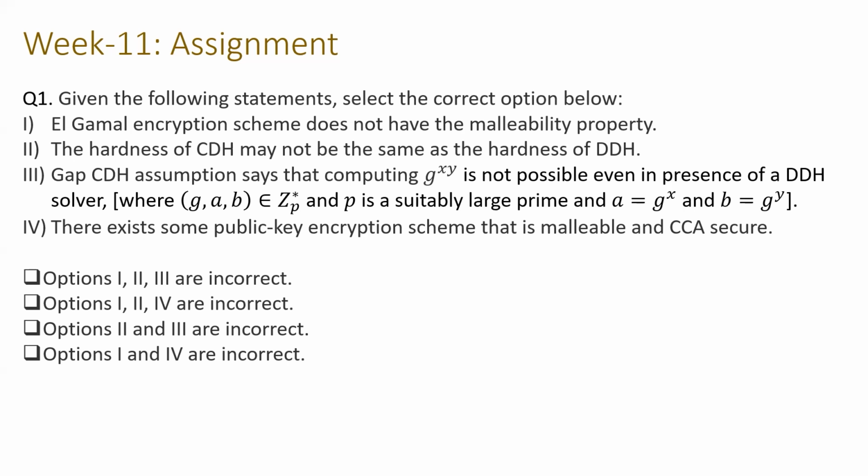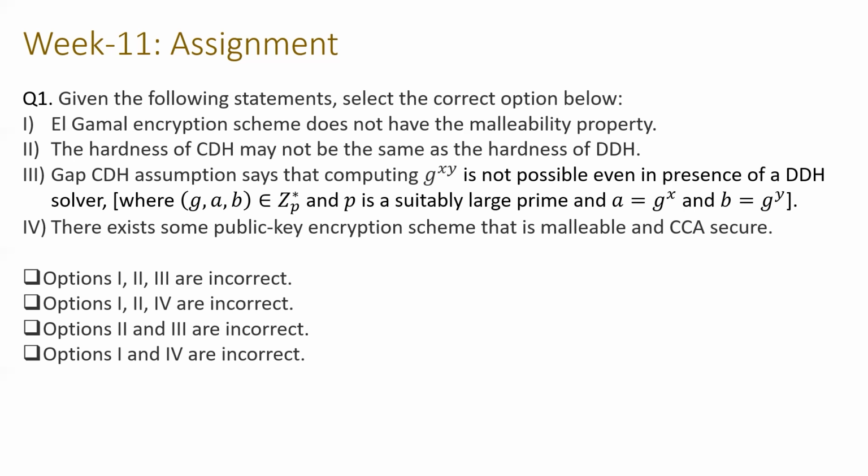The third option says the gap CDH assumption says that computing g to the power xy is not possible even in the presence of a DDH solver, where g, A, B belong to Zp star, and p is a suitably large prime, and A equals g to the power x and B equals g to the power y. The statements 2 and 3 are basically the same.